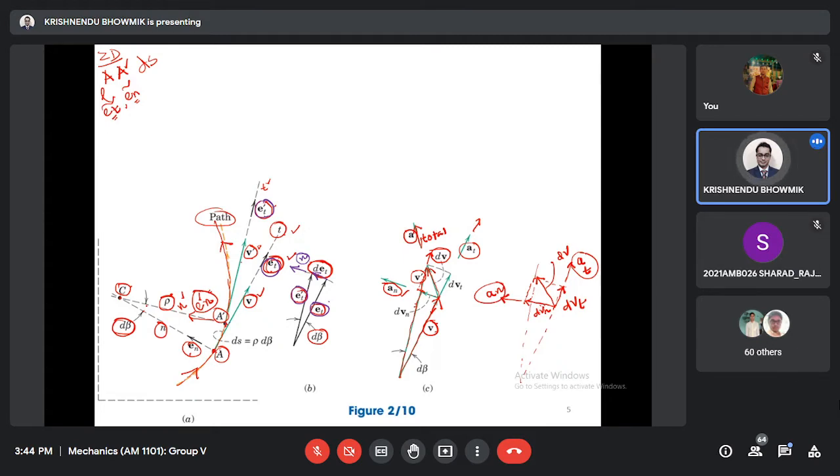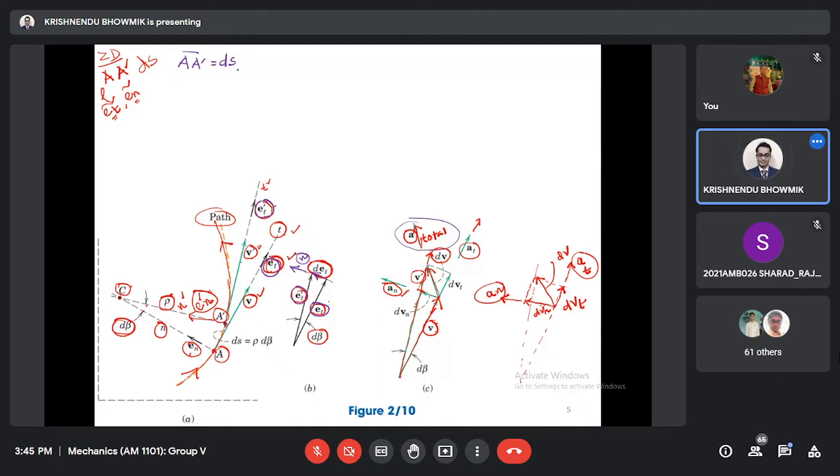Now we will utilize this discussion to get the total acceleration. Here I told it has two components, one tangential and one normal, and this normal acceleration is related to v square by rho, that you know. I want to prove that. So A prime, this length, is basically ds, just a length.